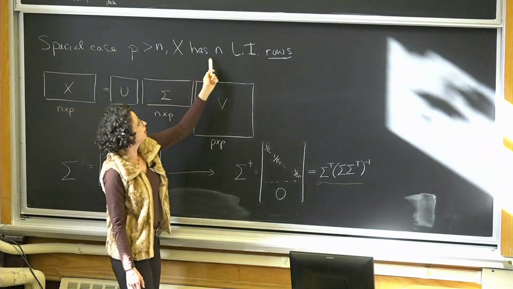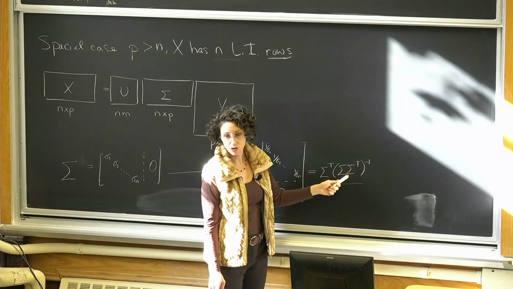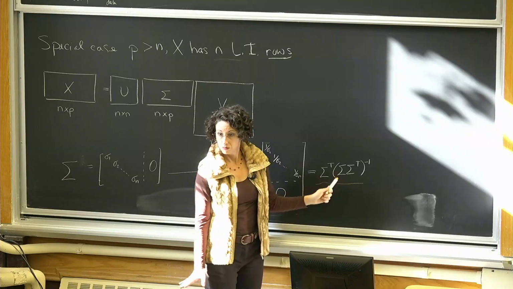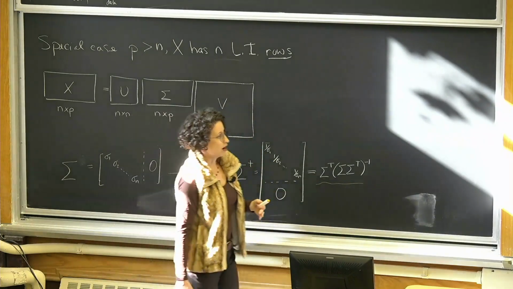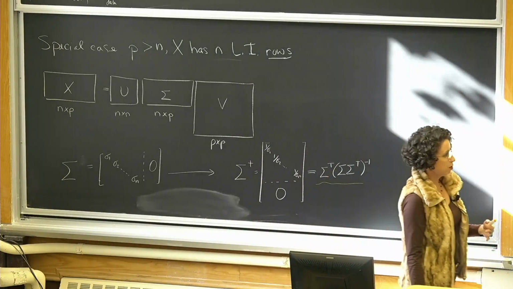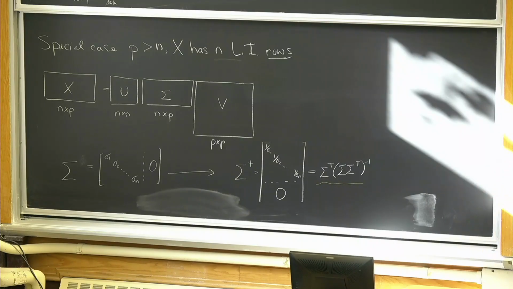So when I've got N linearly independent rows, then this matrix, sigma sigma transpose, is invertible. But in general, it might not be. And so I think that the form of that pseudo-inverse can look different depending on the setting.